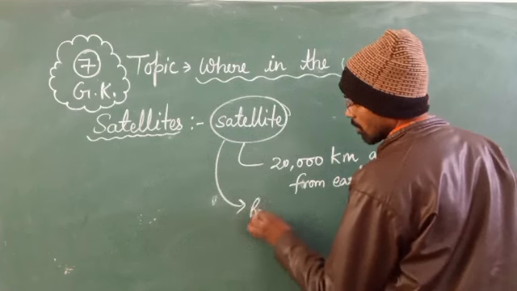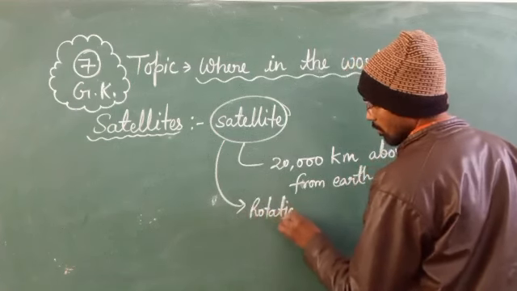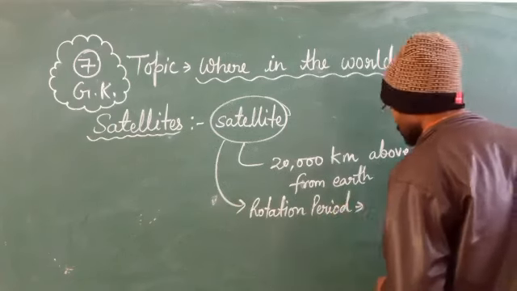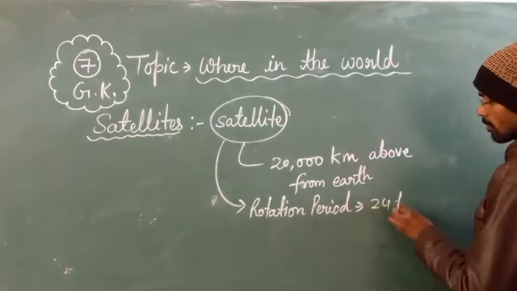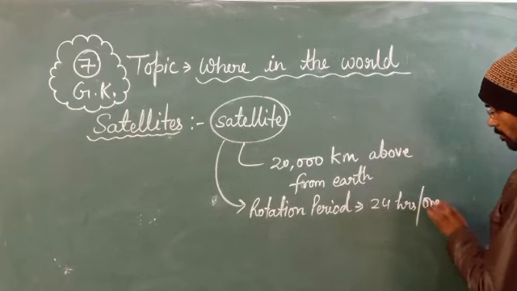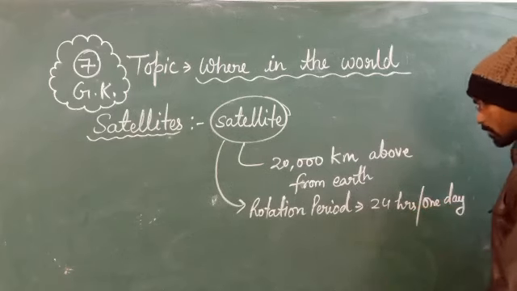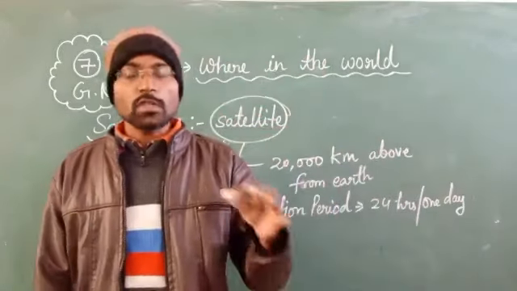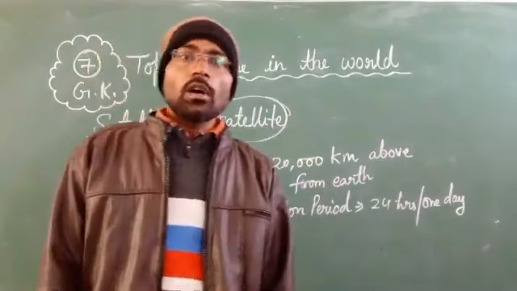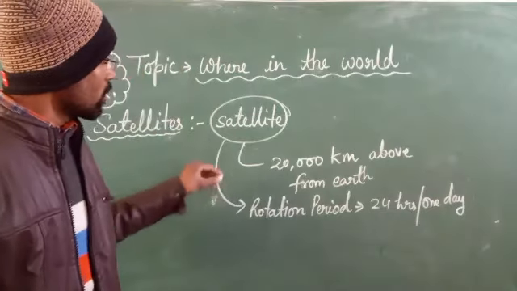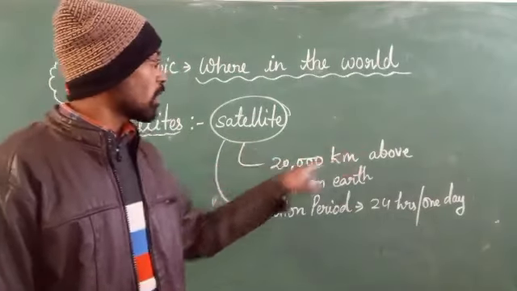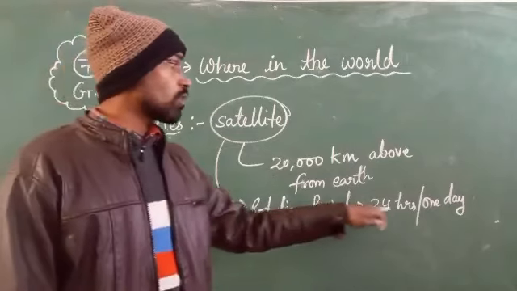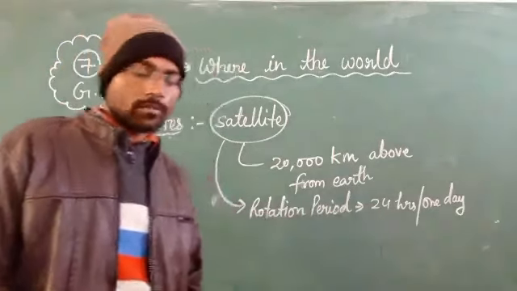The rotation period is 24 hours, 1 day. Means, students, those satellites are positioned on the orbit of the Earth near about 20,000 kilometers above Earth. They are placed there, and the rotation period is 24 hours, means 1 day.